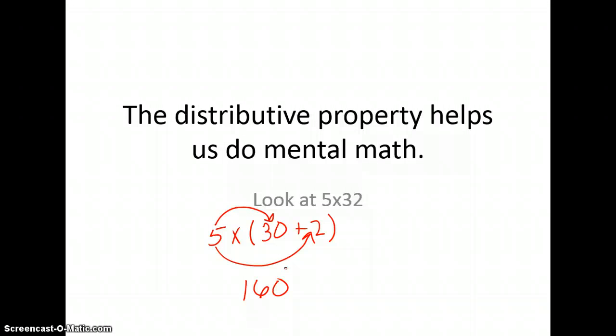That would be more difficult. But using the distributive property and turning this problem into a product of a number and the sum of two numbers, 30 plus 2, that are easy to do in my head, I was able to solve this problem mentally.